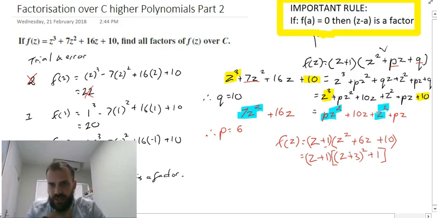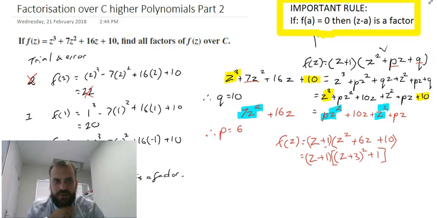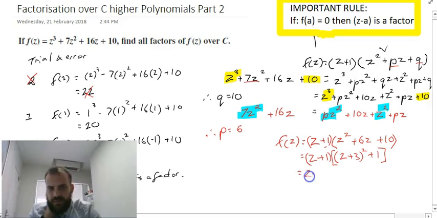Now, once we've done that, we can start looking for our complex number component. We can say that this is z plus 1, that can stay there, multiplied by z plus 3 squared minus i squared.